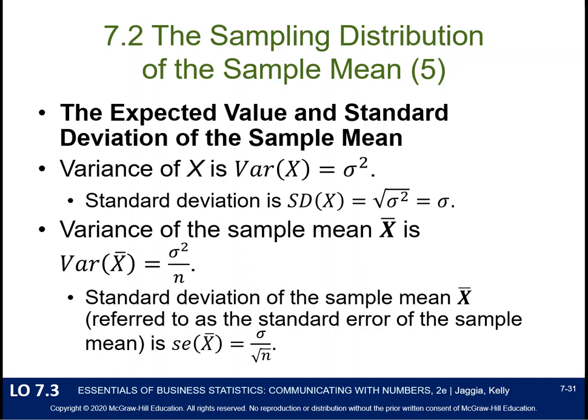The variance of the sample mean, the variance of X bar, is sigma squared divided by n, where n is the sample size. Therefore, the standard deviation, also called the standard error, is sigma divided by the square root of n, where n is the sample size.